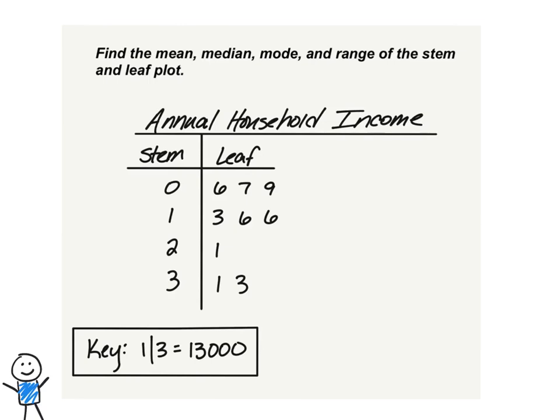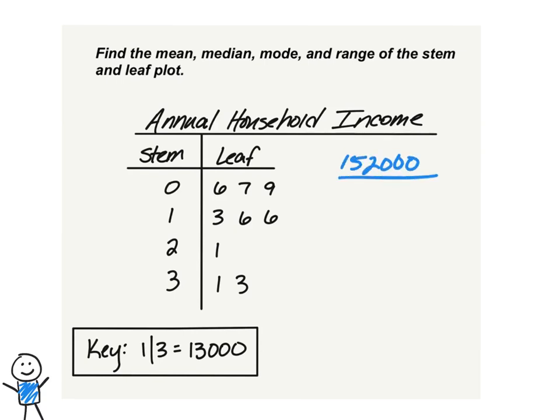Recall that the mean, you get the mean from adding up the numbers, then dividing by how many. So in this case, you have to be careful. You're going to add 6,000 plus 7,000 plus 9,000 plus 13,000 plus 16,000 plus 16,000 plus 21,000 plus 31,000 plus 33,000. When I did this, I got a total of 152,000.